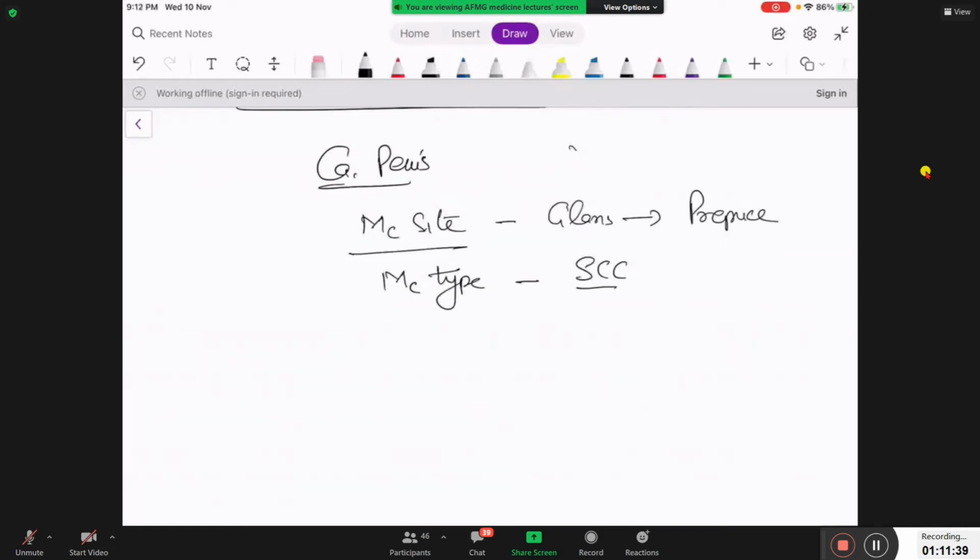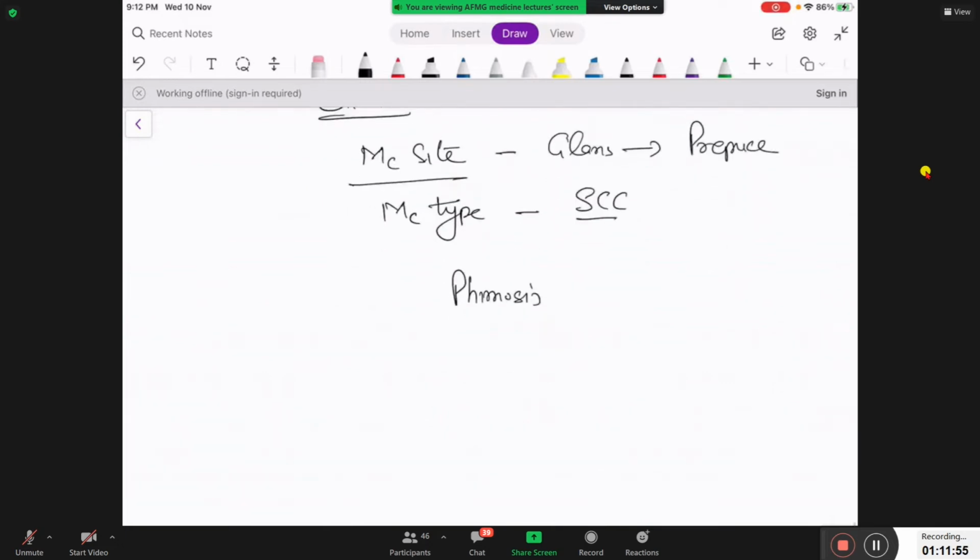The most important risk factor for carcinoma penis is phimosis. The other risk factors are human papilloma virus 16, 18, 31 and 33 here also. More commonly 16, important.